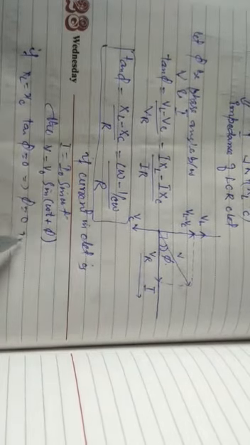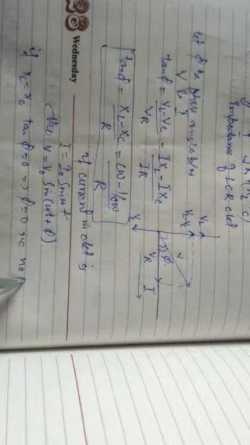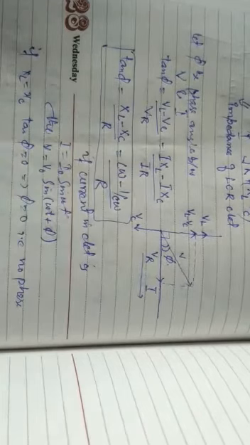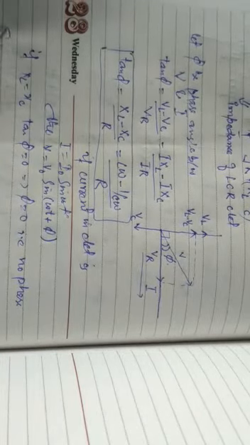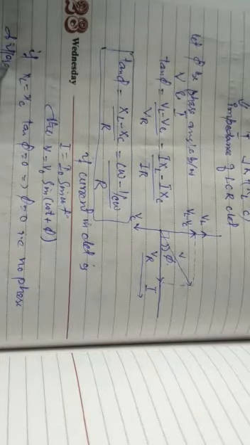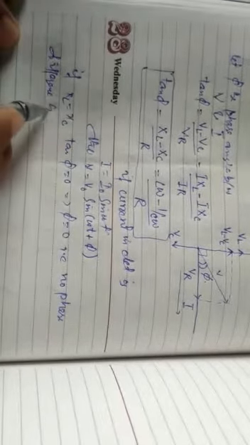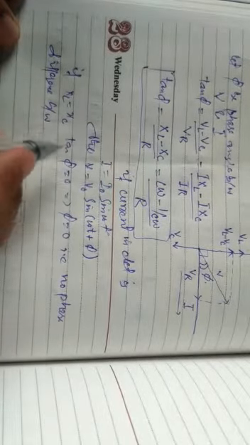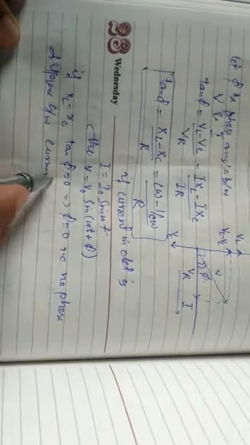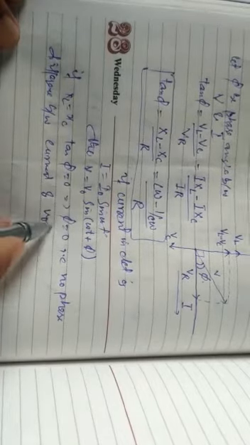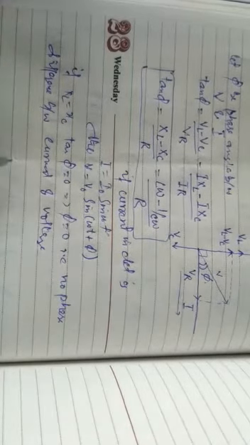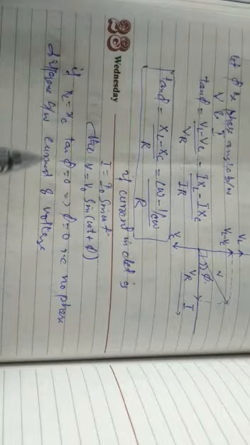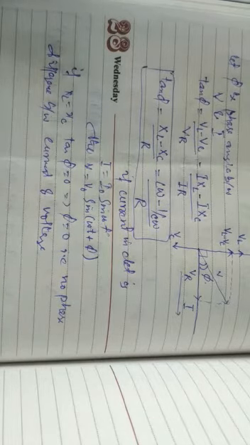That is, there is no phase difference between current and voltage. In that case it is a pure resistor circuit.